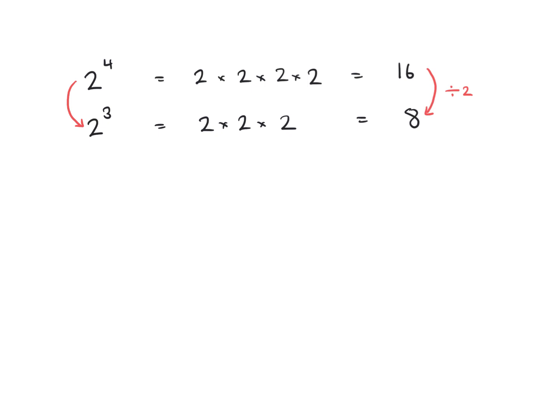Okay, let us go one power down. The next power down would be 2 to the exponent of 2. If you expand that out, it's 2 times 2, and that equals 4. So I ask the same question. Can you think of an operation you can do to get from 2 to the exponent of 3 down to 2 to the exponent 2?